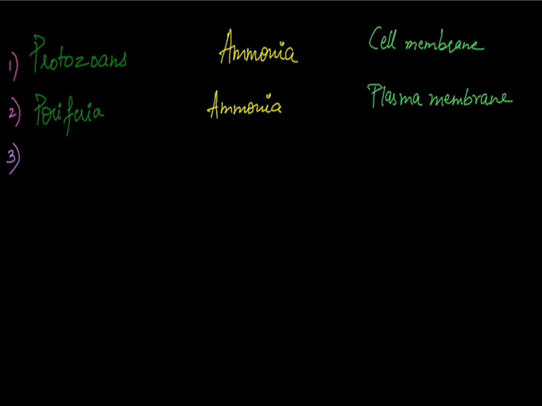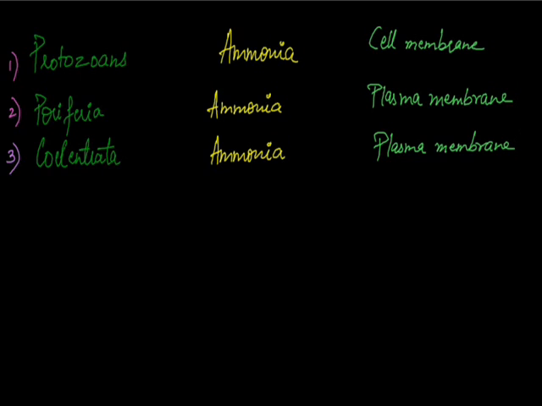Next is coelenterata. Coelenterata, these are the group of organisms which excrete again ammonia as the excretory product from the plasmalemma or plasma membrane. Best example we study in coelenterata is hydra. Next is platyhelminthes.